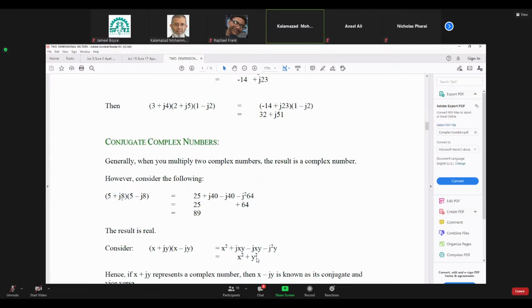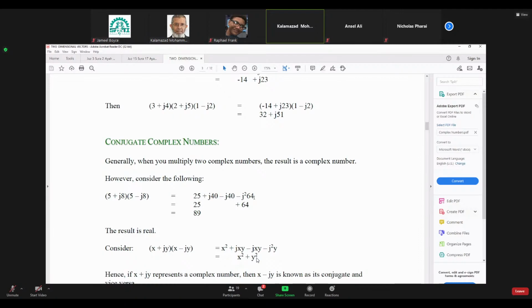If we multiply 5 plus j8 by 5 minus j8, let's see what happens. 5 by 5 is 25. All right. j8 by 5 will give us j40. 5 by minus j8 will give us minus j40. And j8 by minus j8 will give us minus j squared 64.